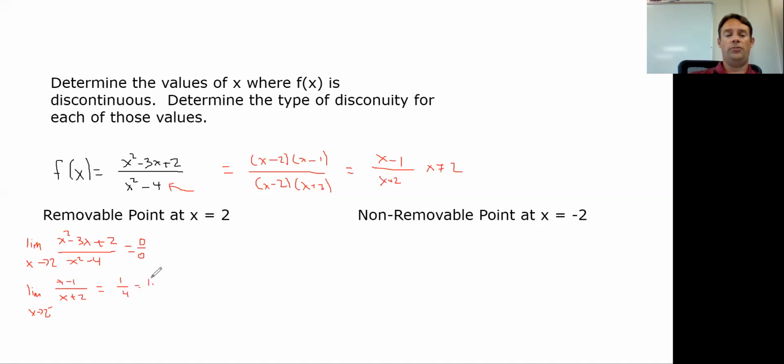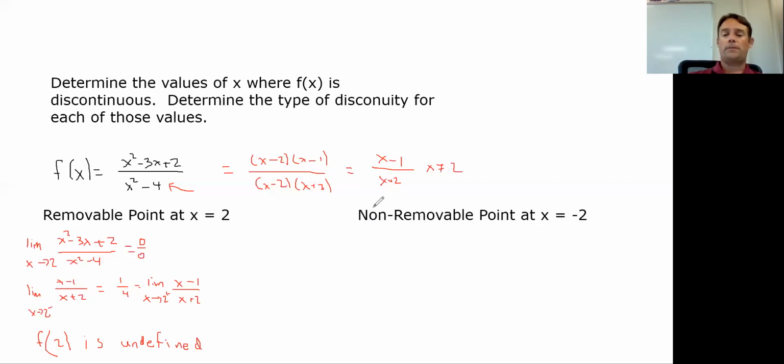So the limit would have existed even though the function itself was undefined. So we would have been able to evaluate a limit, but the function value itself would have been undefined. That would have made it a removable point of discontinuity.